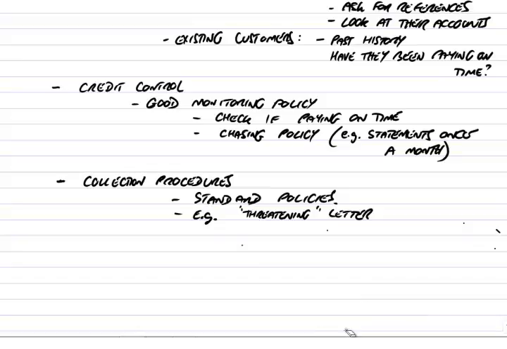By threatening, I don't mean anything evil, but just saying, you're a month overdue. If you don't pay, then we'll go to court, something like that. Lawyers' letters. Collection agencies.